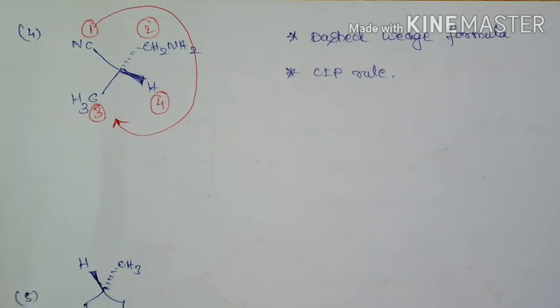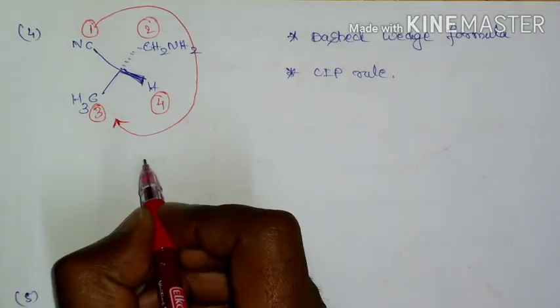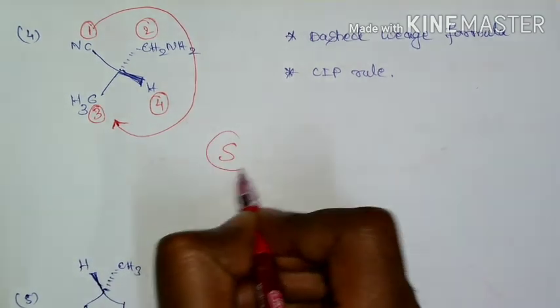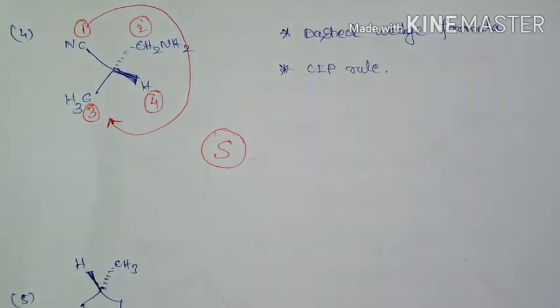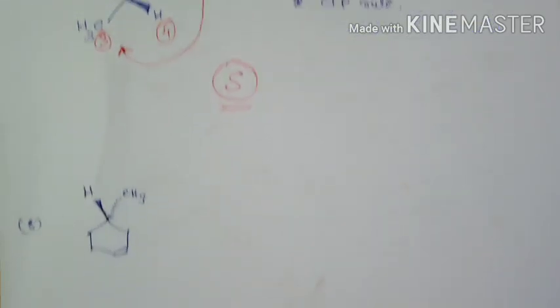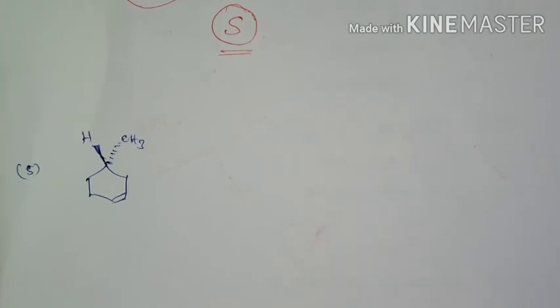If the fourth group is placed above or towards the observer, for clockwise movement of priority we assign S configuration. For anti-clockwise we assign R configuration. Similarly, for this dashed wedge formula we are going to apply the CIP rule, and based on the priority movement we are going to assign R or S configuration.